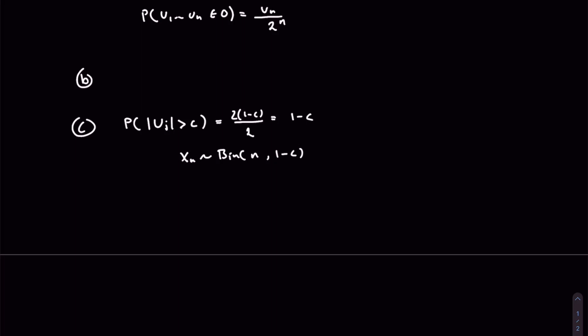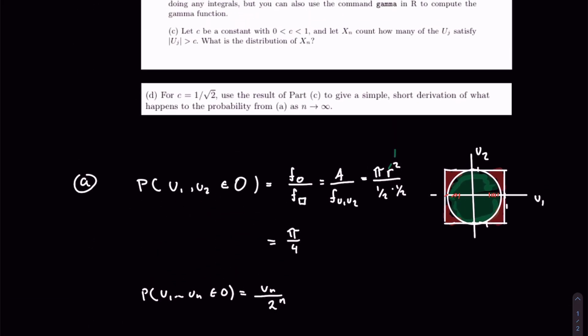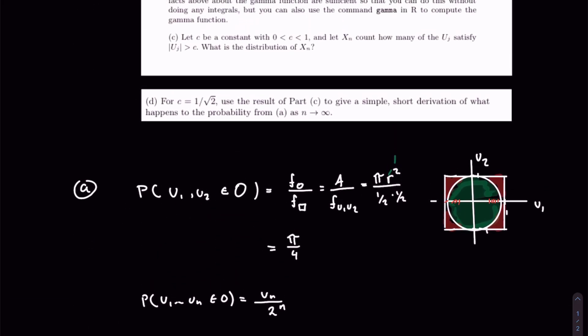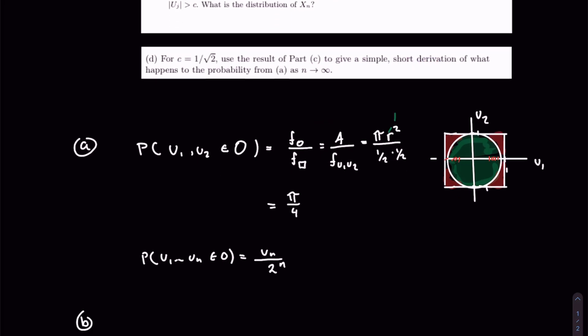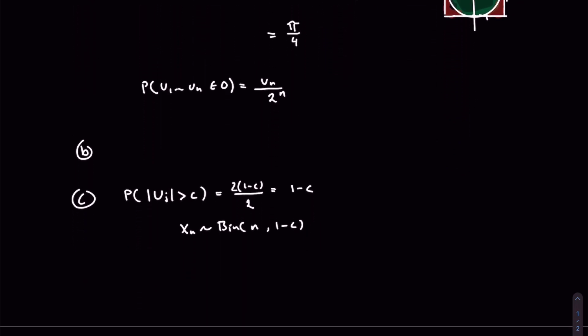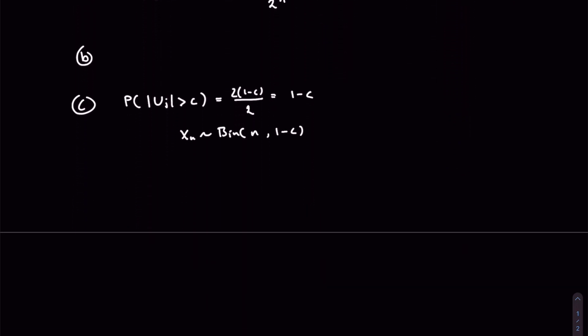Okay. Now, heading for the last question here in D, we're now setting c to 1 divided by the square root of 2, and then we're asked to figure out what will happen as n goes to infinity. So let's figure out how to think about that.